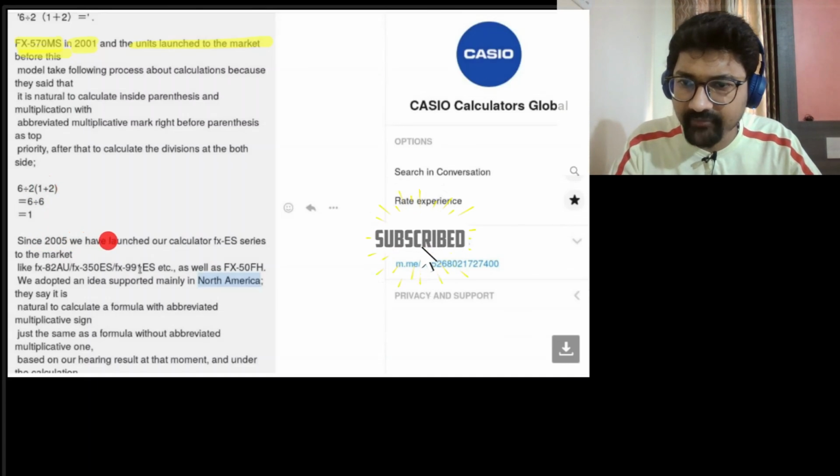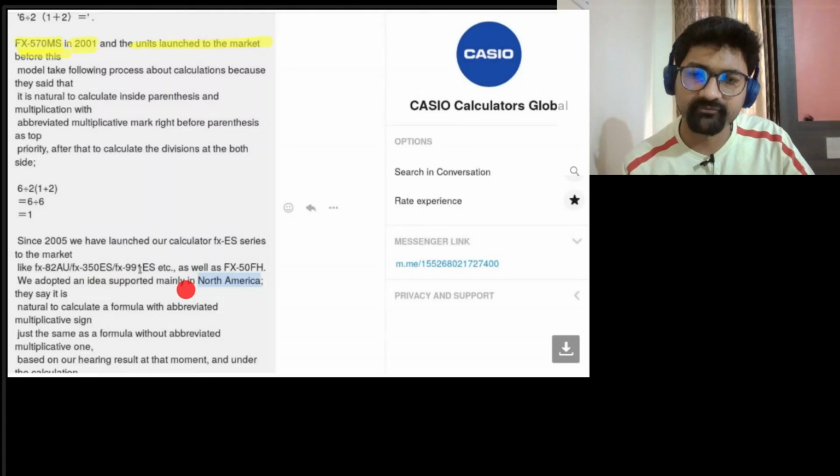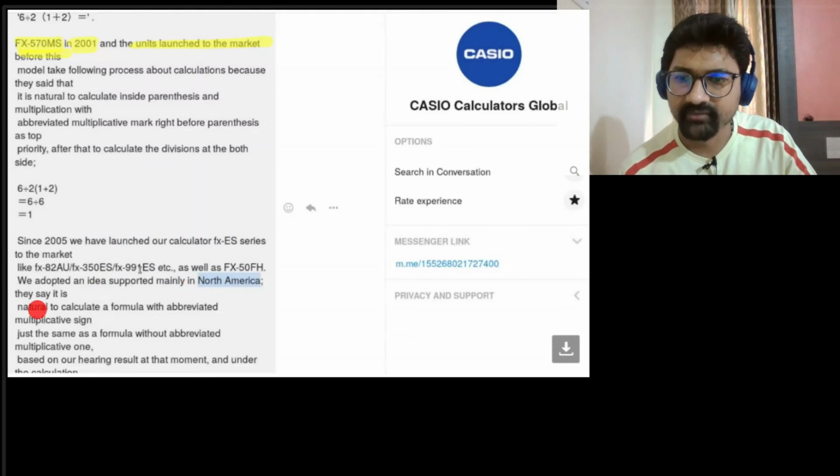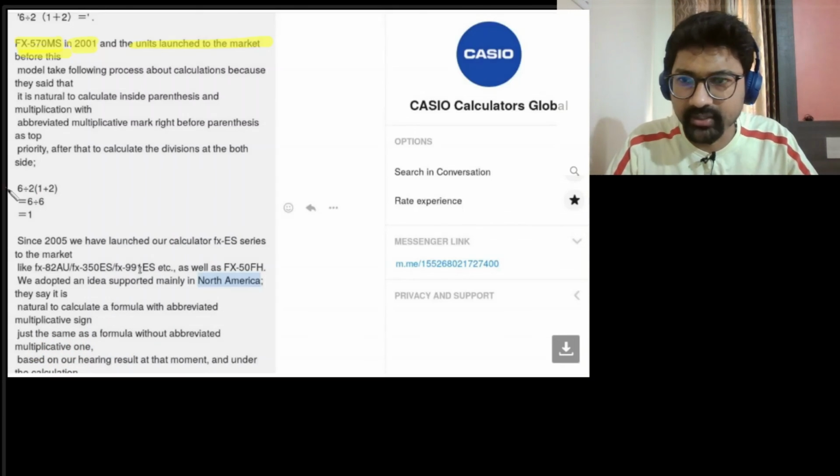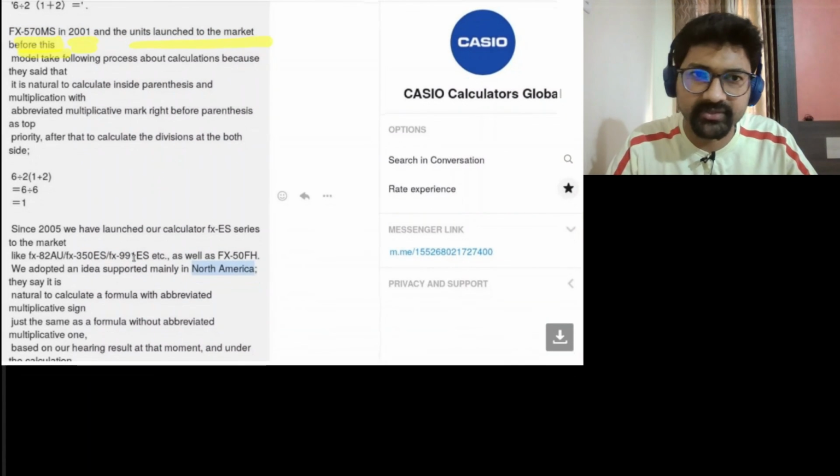However, after 2005, all the calculators like the ES series, they follow what we are following, especially in North America, which says that they have the same priority. They are of the same priority, and hence the latest calculators are designed in such a way that they follow the same priority for these two multiplications.